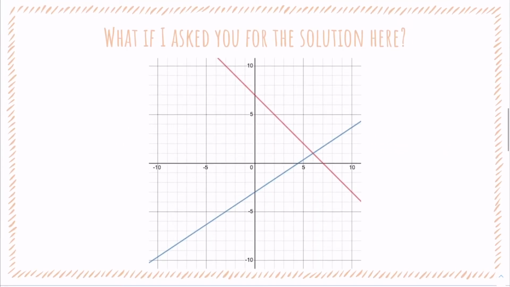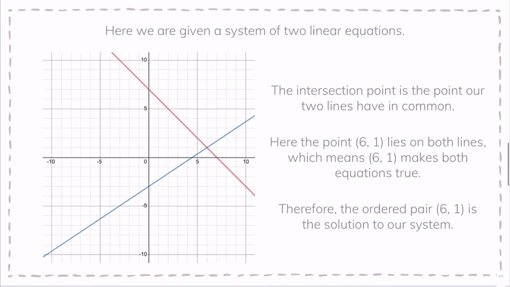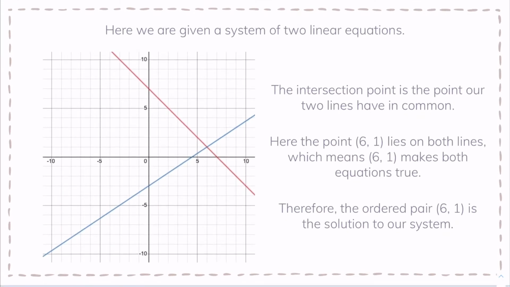So the system I gave you just a second ago, when graphed, looks just like this. So what if I asked you for the solution for this system now? When we're given a system of linear equations, we can graph both equations, and the intersection point is the point that the two lines have in common.